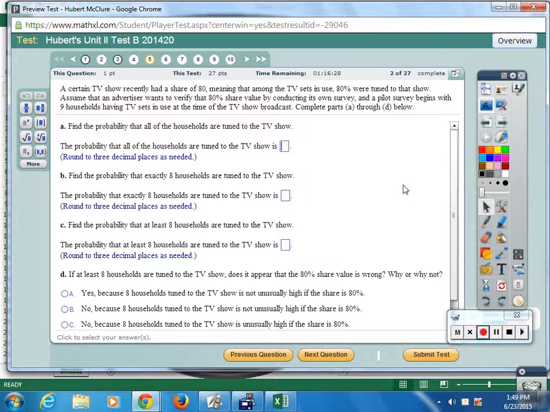All right, that's the TV show problem. I know we did one of those. A certain TV show recently had a share of 80, meaning that among TV sets in use, 80%, there's your P, turn to that show. Assume that an advertiser wants to verify that 0.8 is a good probability by conducting its own survey, and a pilot survey begins with 9 households.